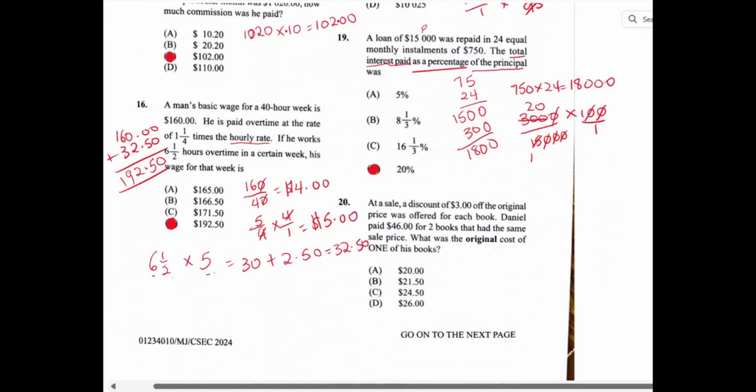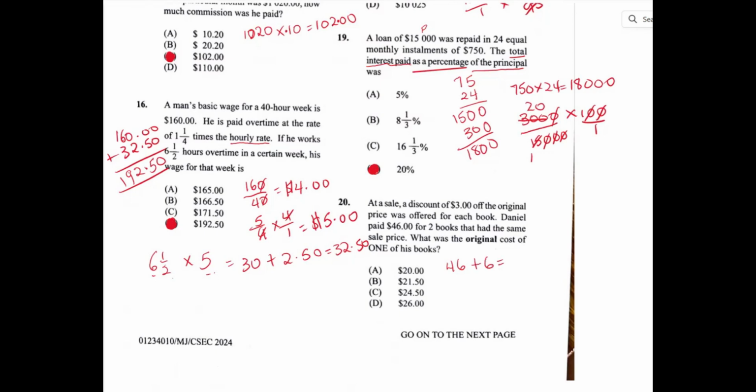At a sale, a discount of $3 off the original price was offered for each book. Daniel paid $46 for 2 books that had the same sale price. What was the original cost of one of his books? If Daniel paid $46 for 2 books and there's $3 off each book, it means he got $6 off the total price.